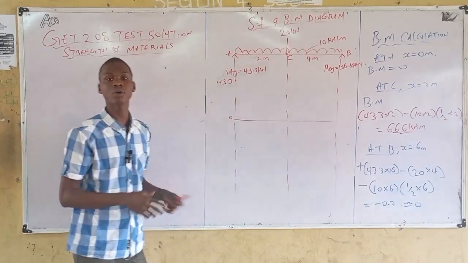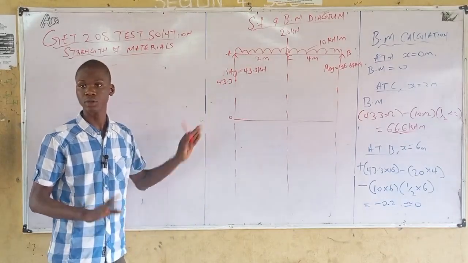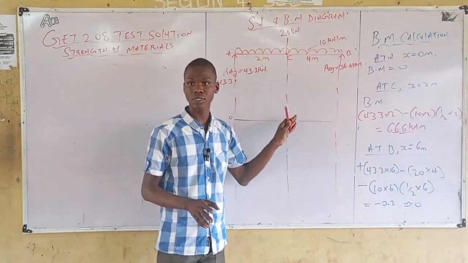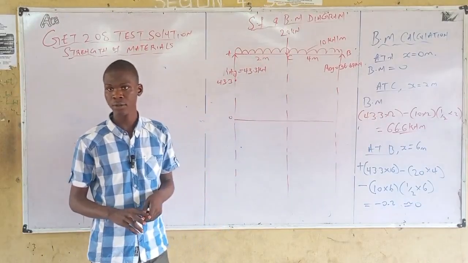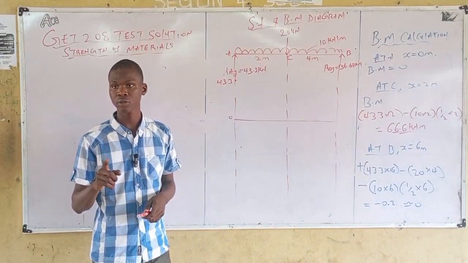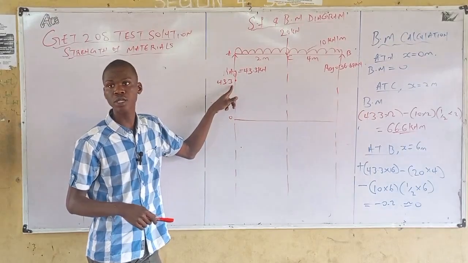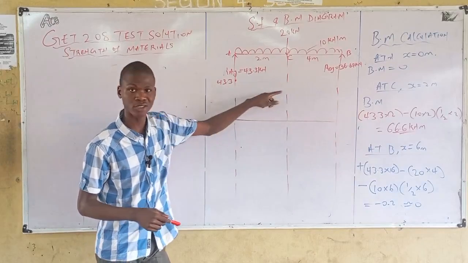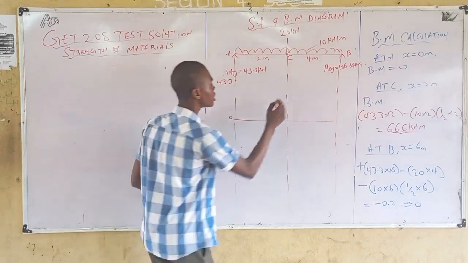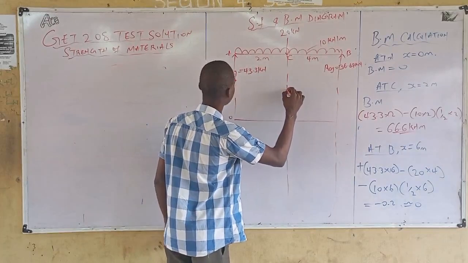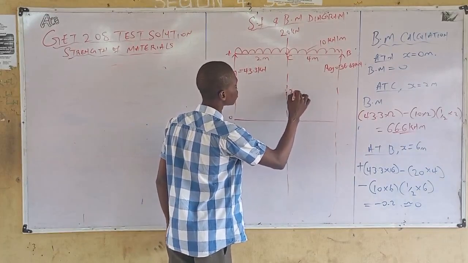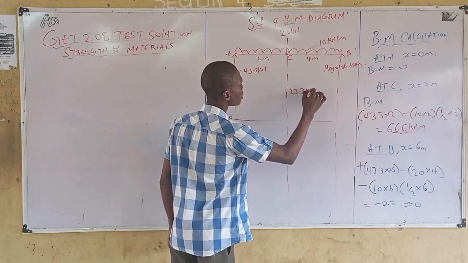Is there any value on A again? No. So move on to the next point. At C, you have 23.3 and 3.3. If from here to here is 43.3, where will 23.3 be? It should be somewhere around half. So let's just locate it here. 23.3 kilonewton.